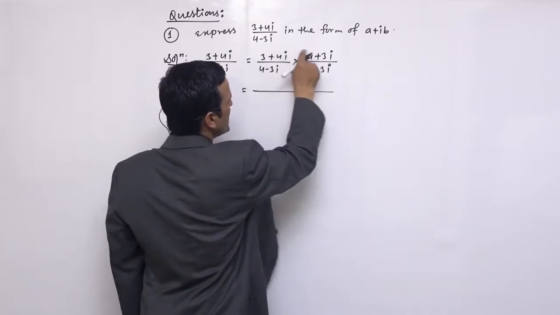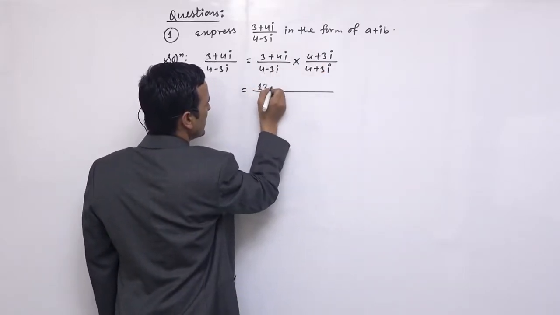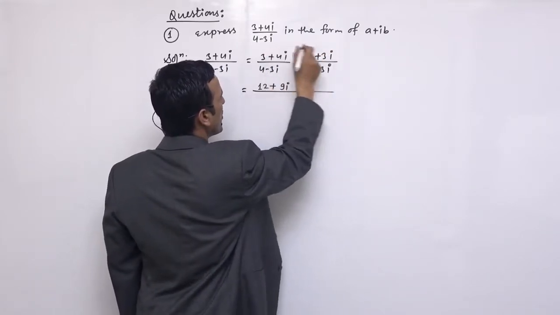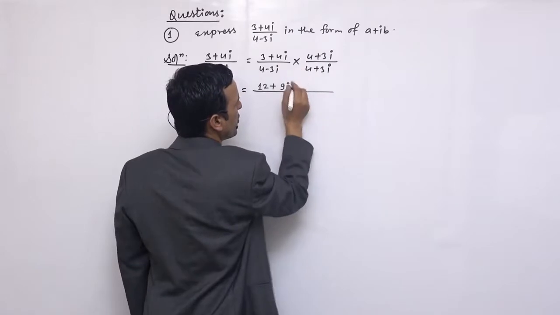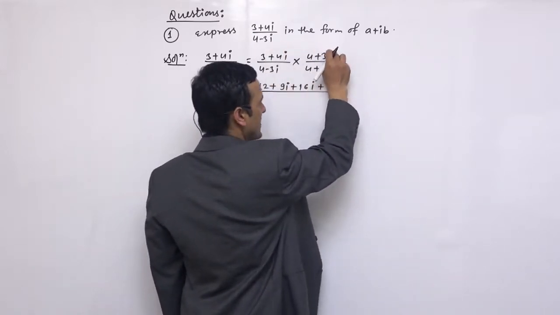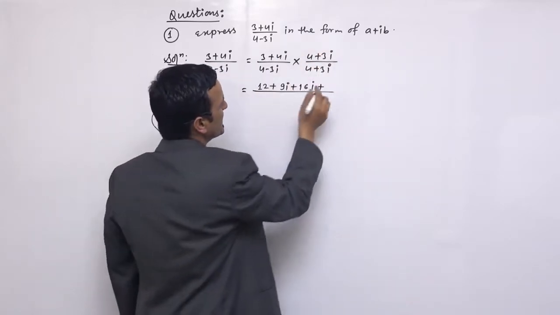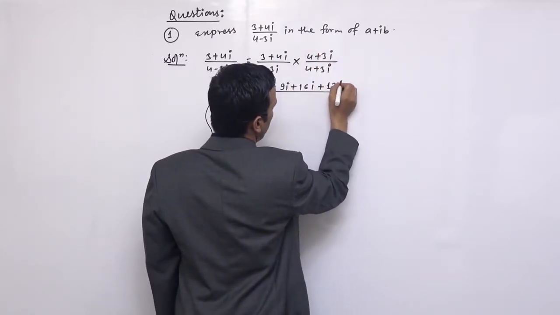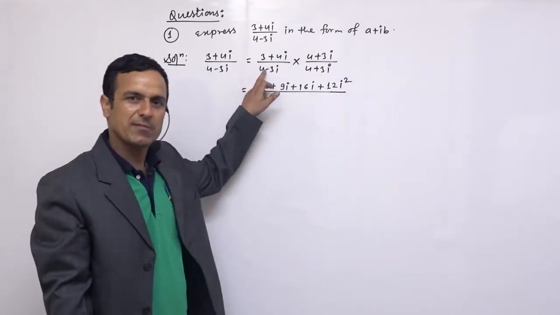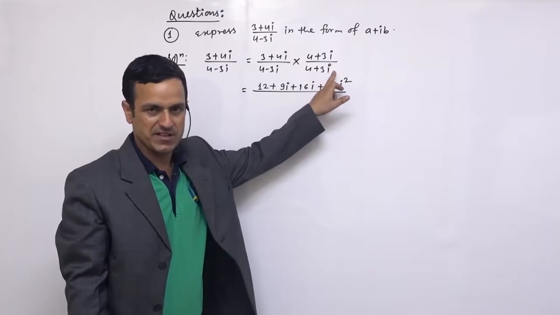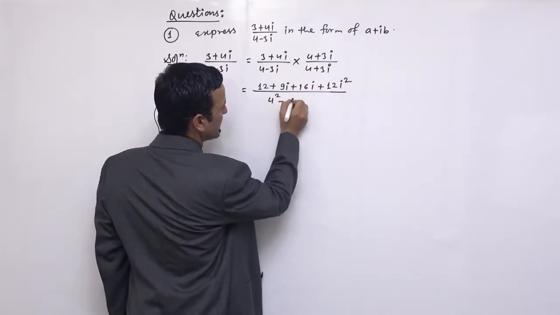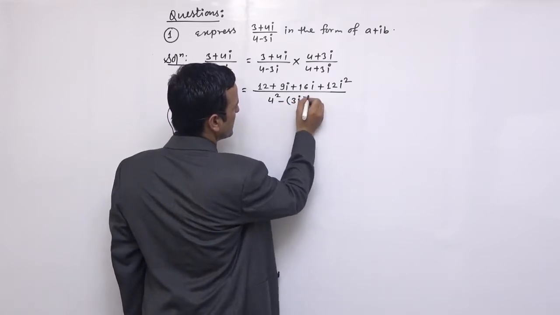So 3 into 4 means 12, 3 into 3i means 9i, 4i into 4 means 16i, 4i into 3i means 4 3s are 12i square, and here is a minus b into a plus b, so it will be 4 square minus 3i whole square.